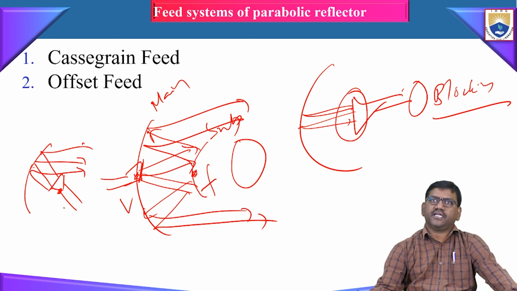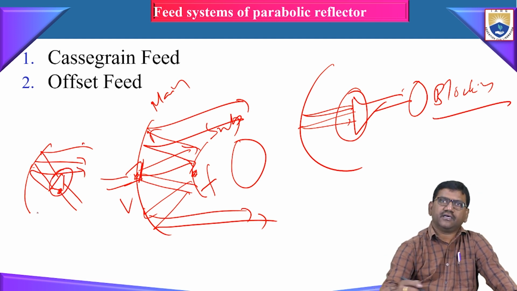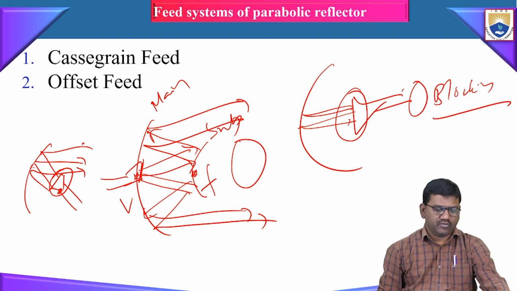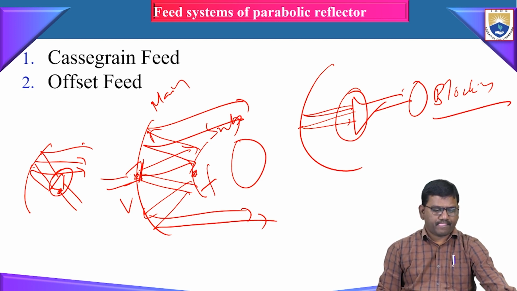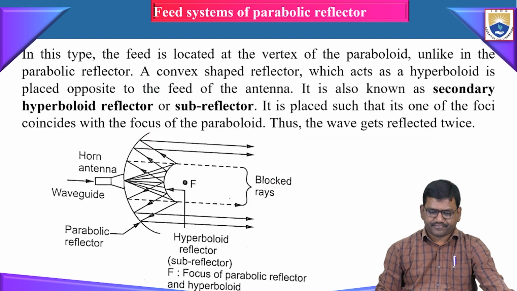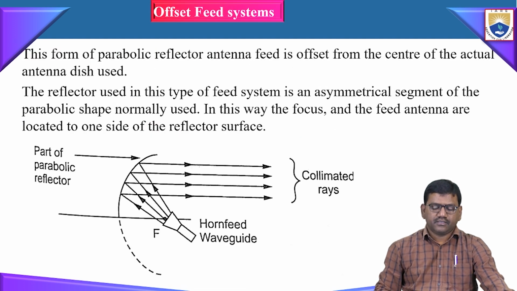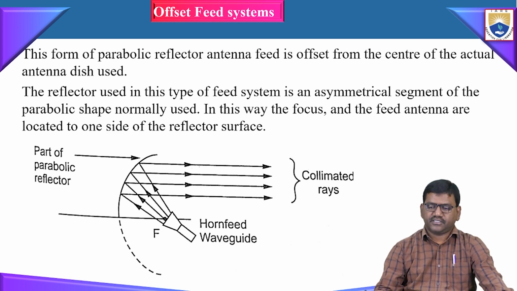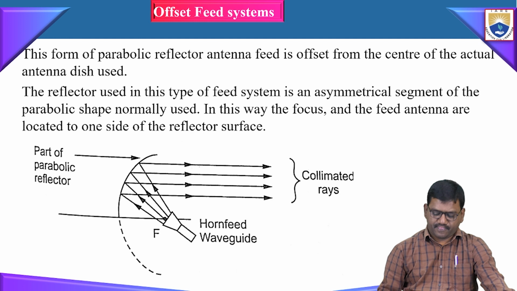So no electromagnetic radiations fall on the horn antenna. Here also blocking can be overcome. This is the offset feed system. This form of parabolic reflector antenna is offset from the center of the actual antenna dish used.